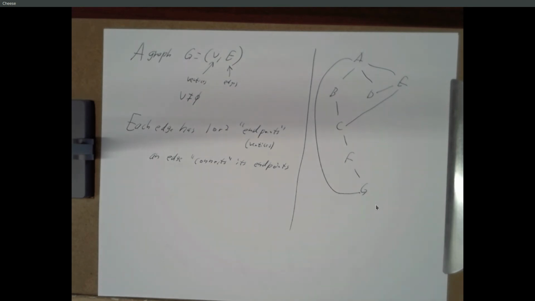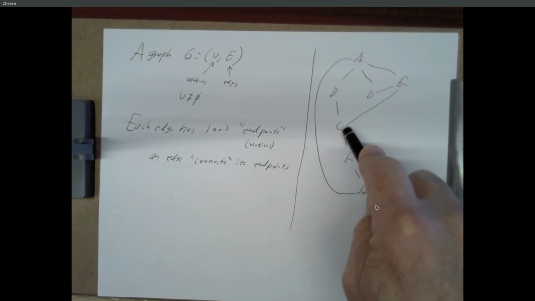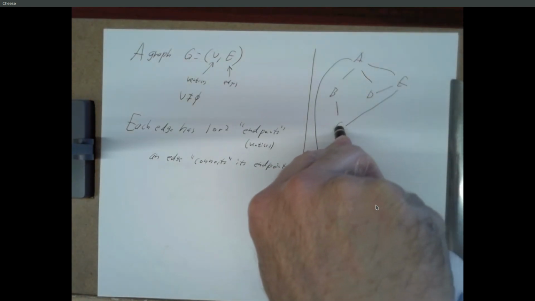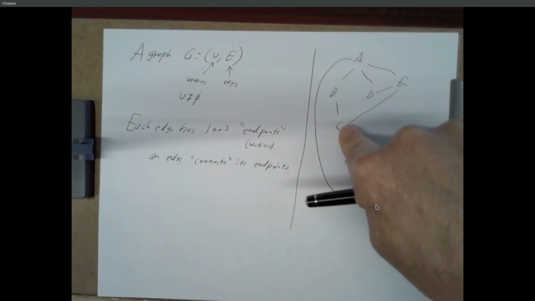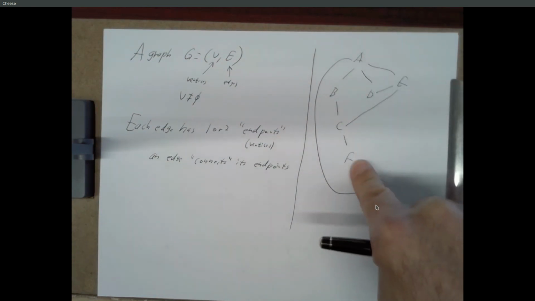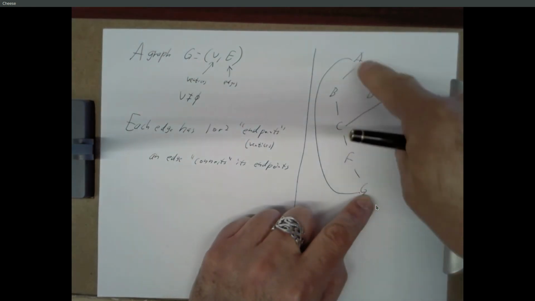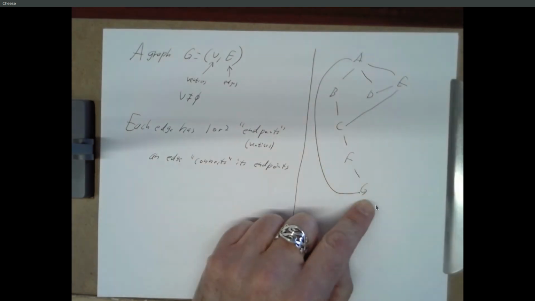They're connected on Facebook or something. So A and B are connected, and B and C are connected, and so A and C are indirectly connected. And we can ask, what's the strength of that connection? Well, they're connected through one intermediate contact, whereas A and F are connected through two intermediate contacts. And A and G are connected through 1, 2, 3 intermediate contacts, but A also has a direct connection to G.